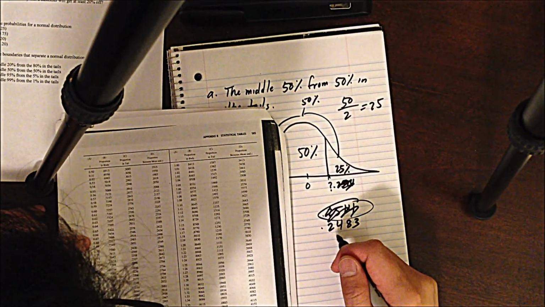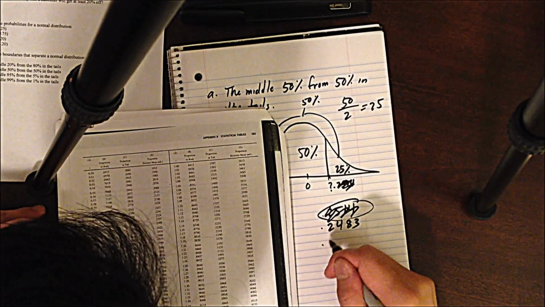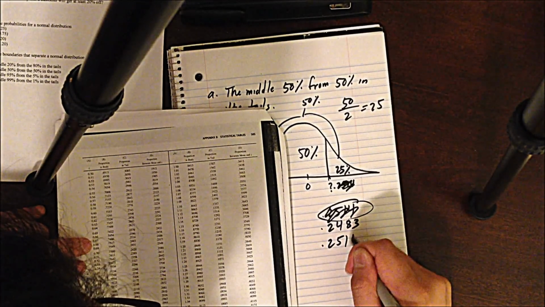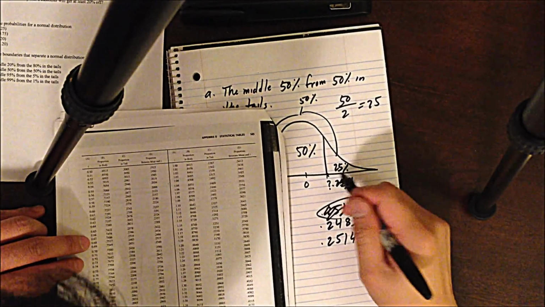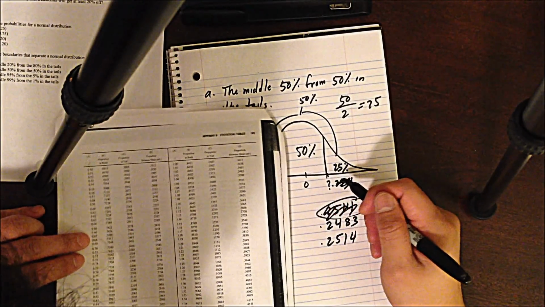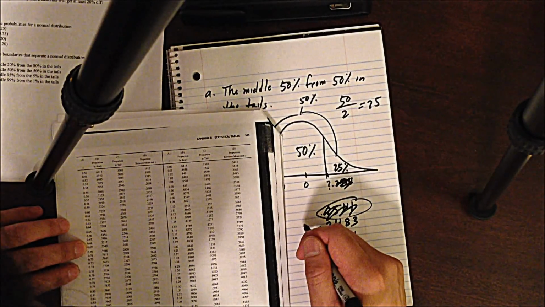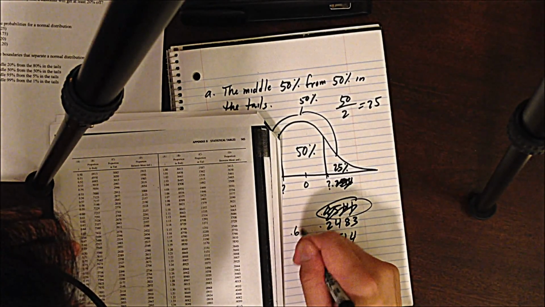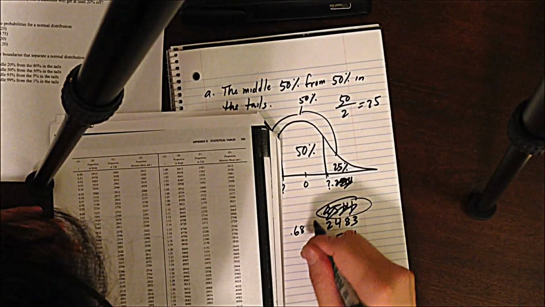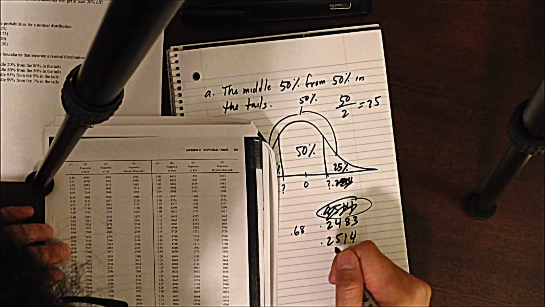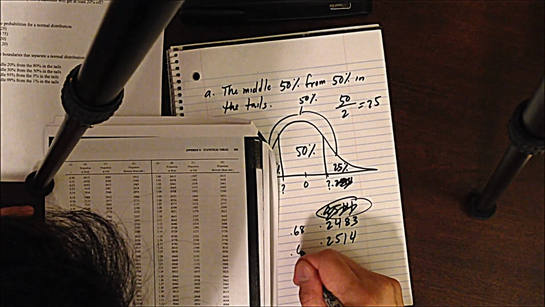Okay, so 0.2483, 0.2514. Yes, I want the z-score that makes this portion the smallest. So the z-score corresponding to 0.2483 is 0.68, and the z-score corresponding to 0.2514 is 0.67.